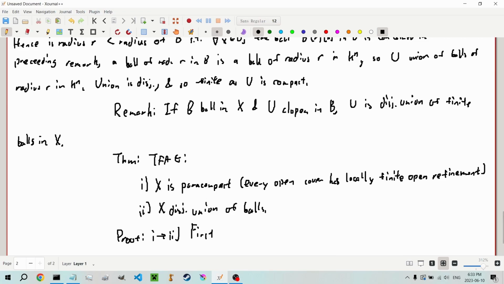We first want to note X has a locally finite covering by balls.